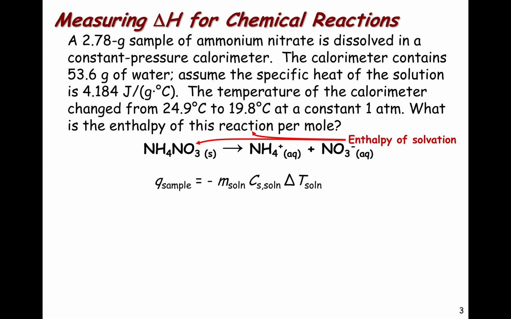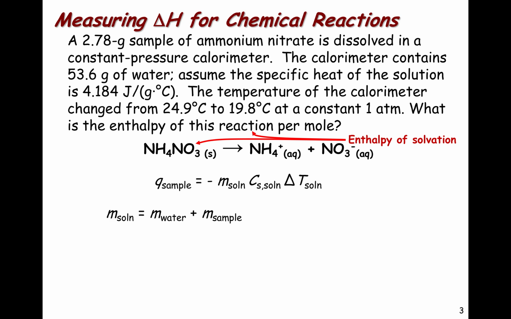And we can state that the Q of the sample is equal to the negative of the mass of the solution itself, not the mass of the ammonium nitrate, but the mass of the water, plus the mass of the sample, and then multiply that by the heat capacity of the solution and multiply by the temperature change.